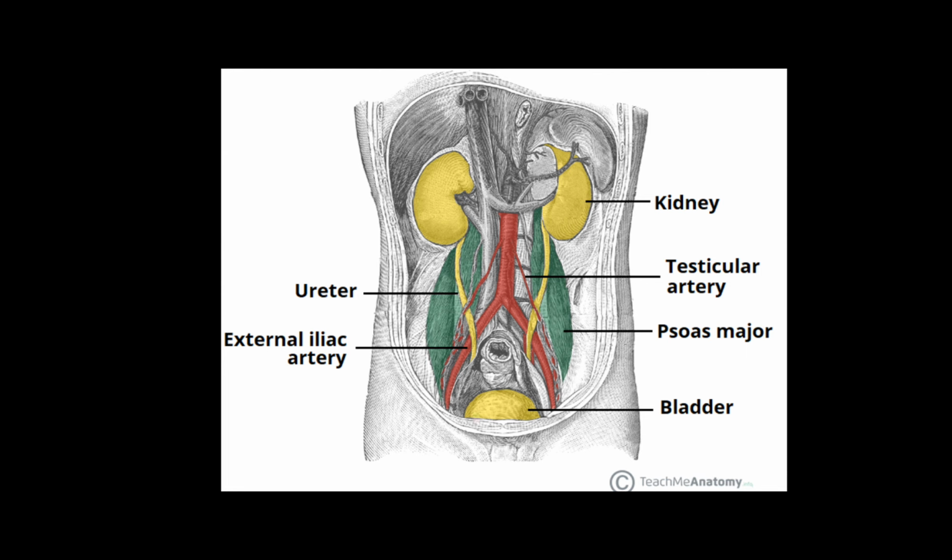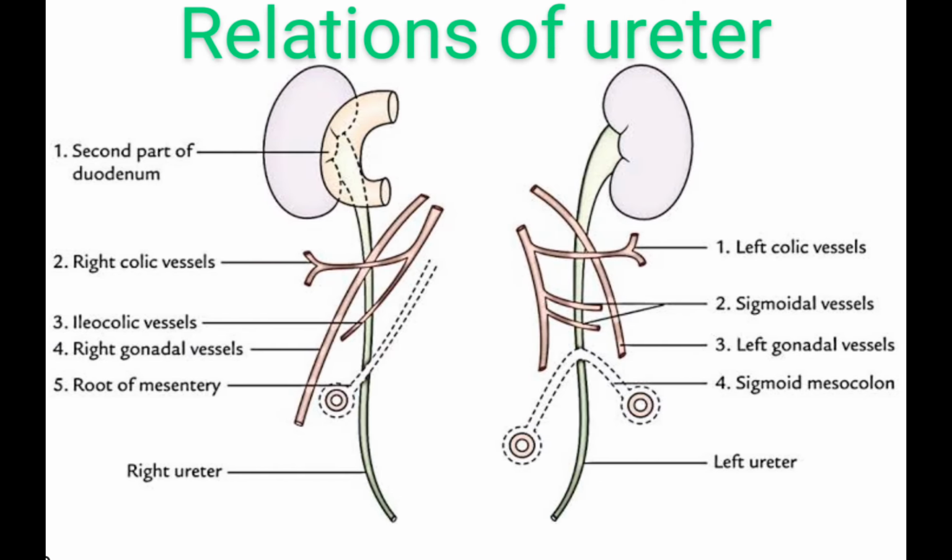Then we have the anterior relations. Anterior relations are separate, as they were for the kidney. So here also there are separate anterior relations for the right and the left ureter. On the left side we will have left colic vessels, sigmoid vessels, left gonadal vessels and sigmoid mesocolon. Basically the sigmoid is on the left side.